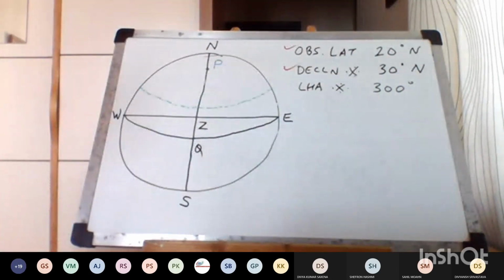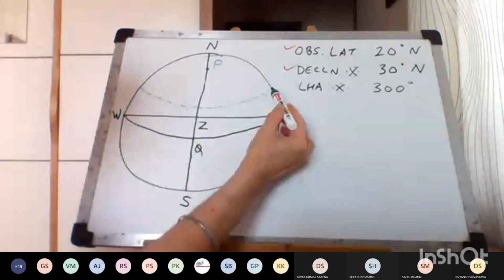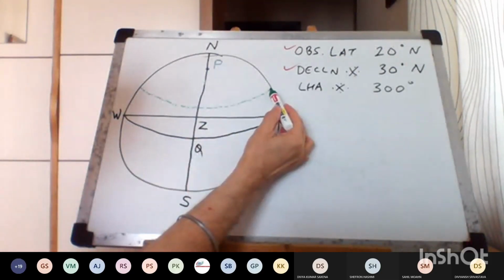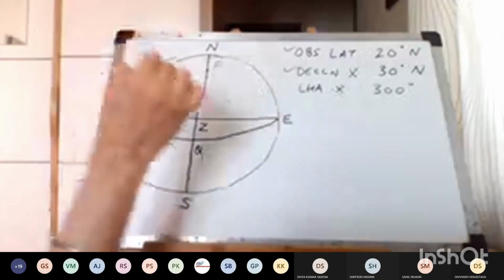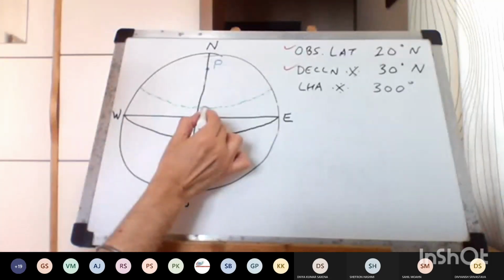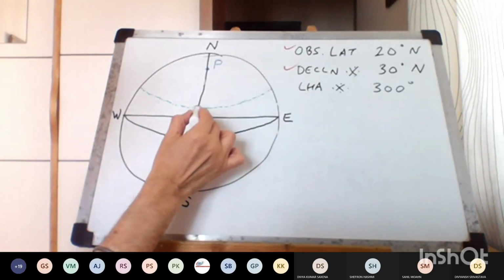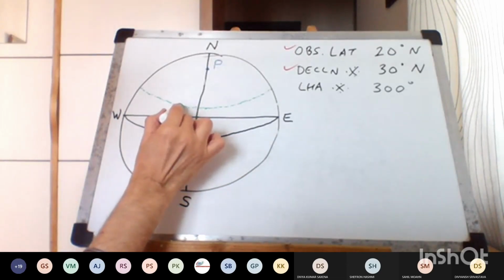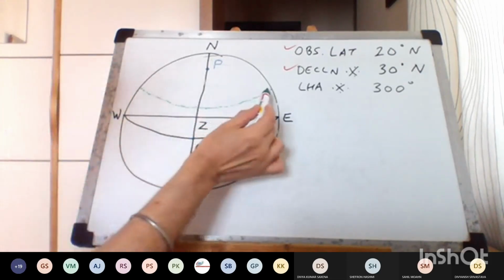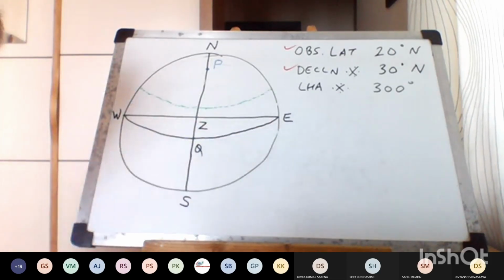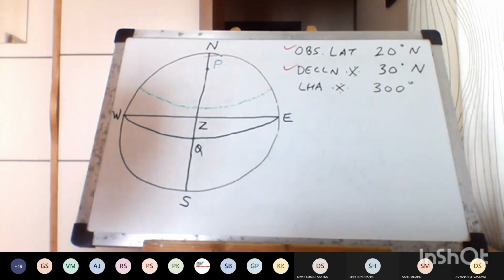Now we have to fix the position of the body. Where is it? Is it here at the rising point, or is it somewhere in between? Is it near the meridian? Is it on the meridian? Has it crossed the meridian, or is it about to set? Where on the green line is the body right now?